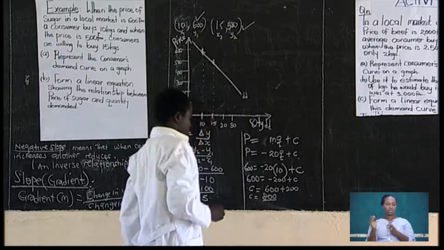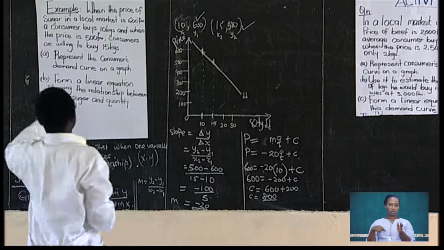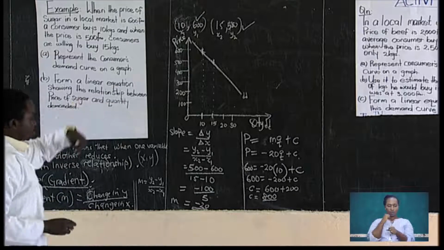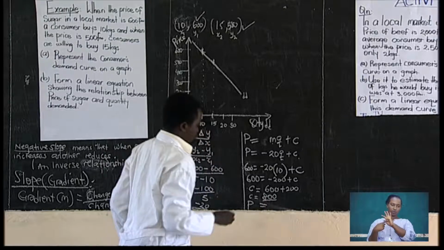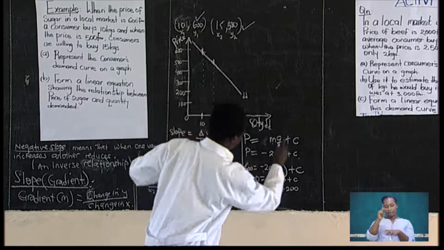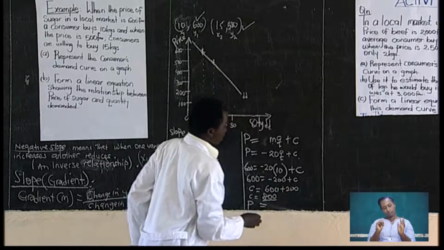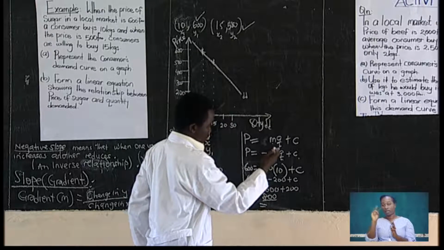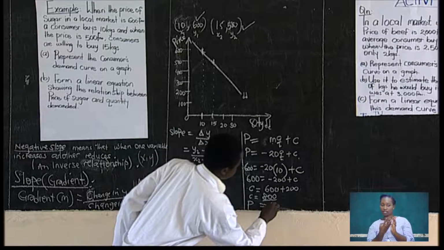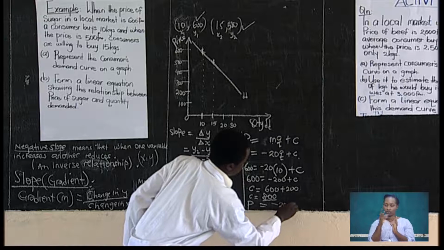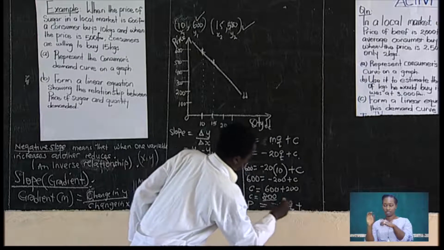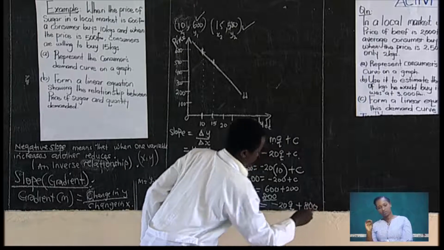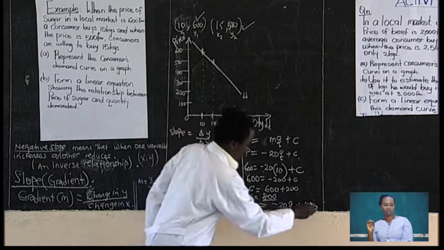So they are saying form a linear equation showing the relationship. What will be our linear equation? Our linear equation will be P equals m Q plus C. What is our m? Our m is negative 20, Q is quantity demanded, plus C, of which C is 800.